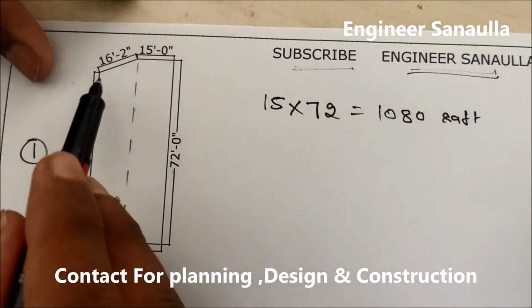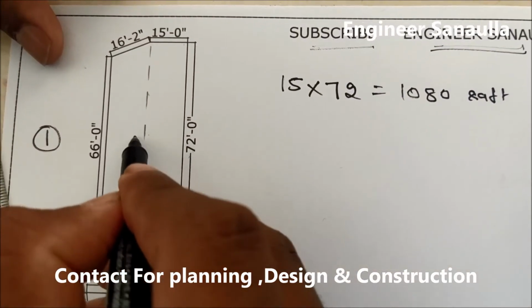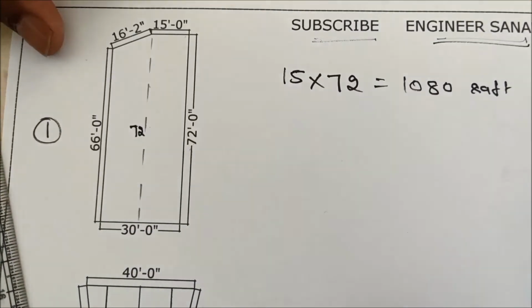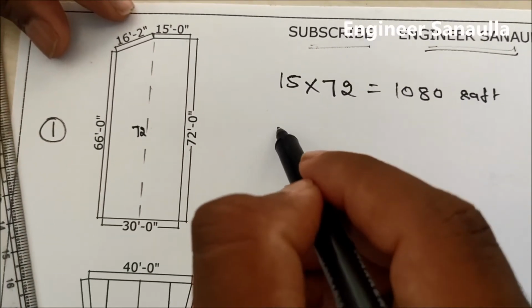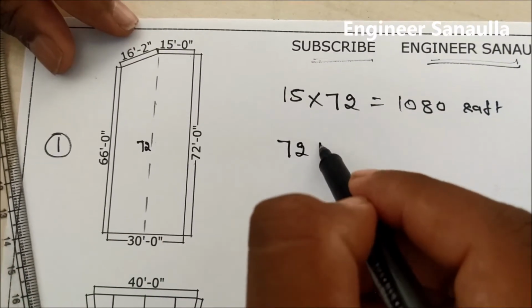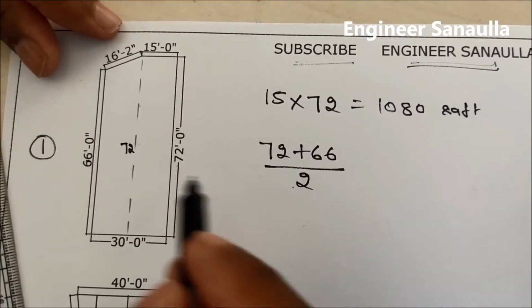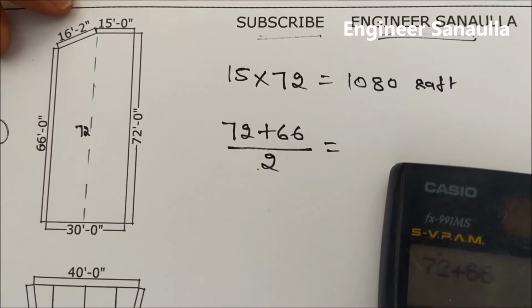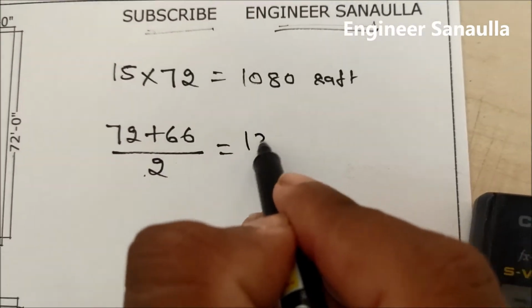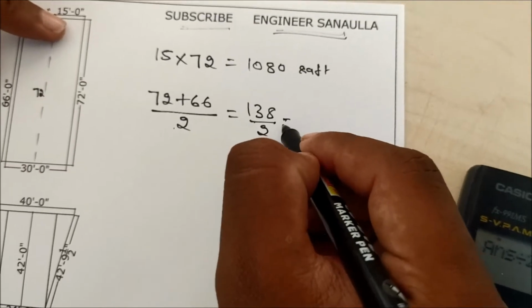Now we calculate this area. Here this measurement is 72 and this length is 66 feet. So again we have to take the mean length: 72 plus 66 divided by 2. 72 plus 66 is 138, divided by 2, it will come 69.